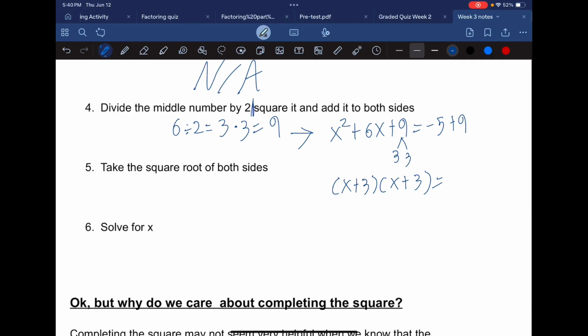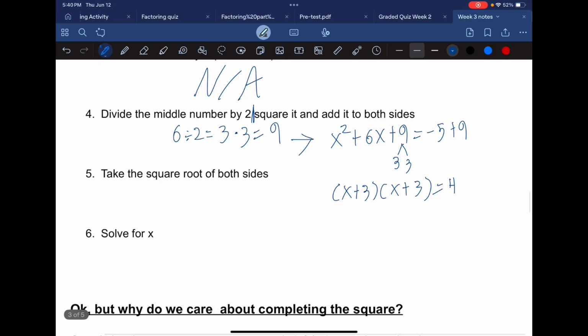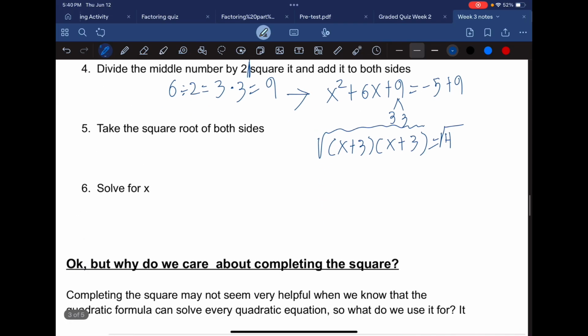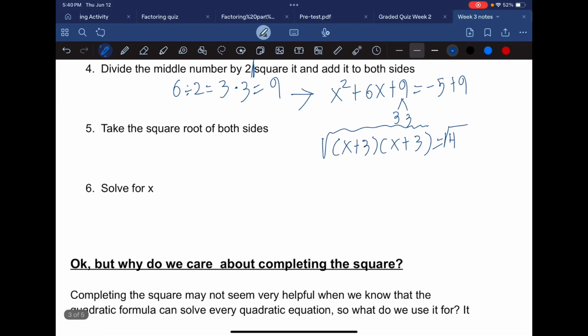And then we have that is equal to 4. And then we're taking the square root of both sides. And for the left side, because we have something times itself, we get left with x plus 3, and then the square root of 4 is 2.